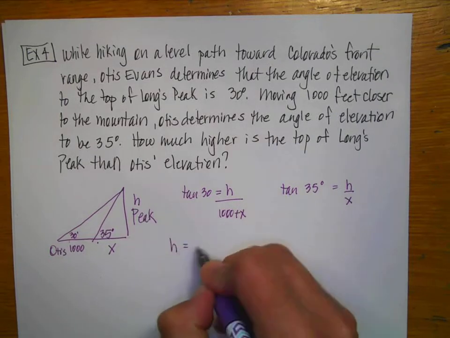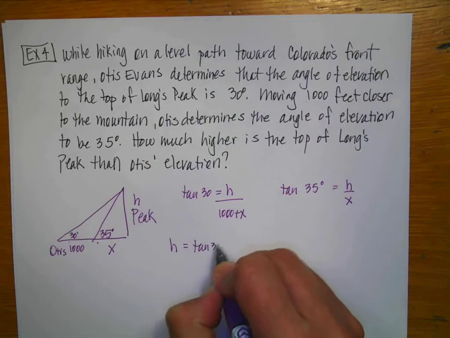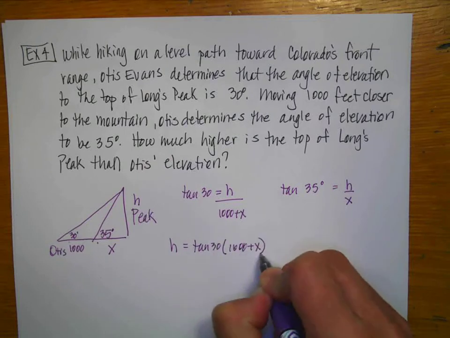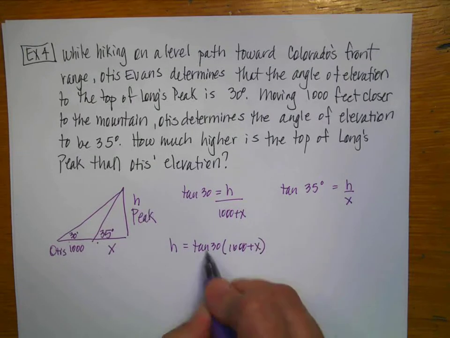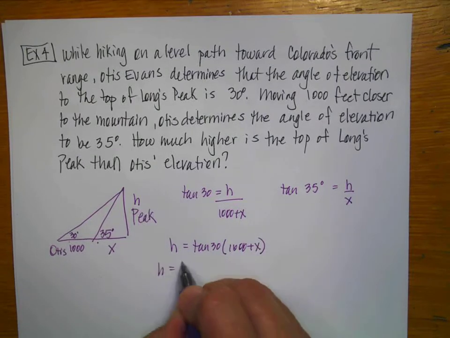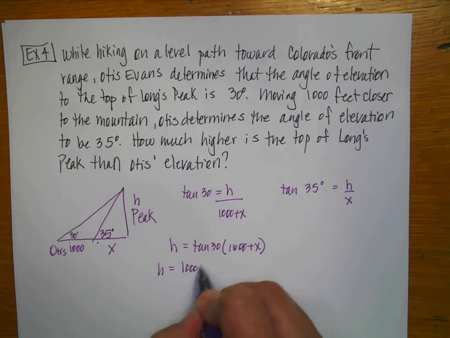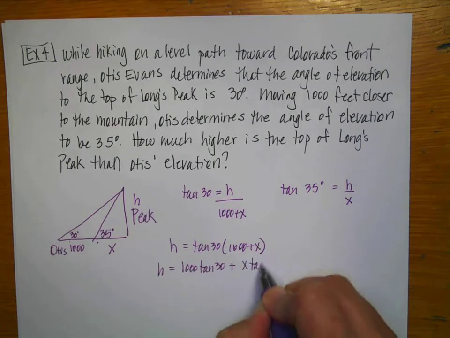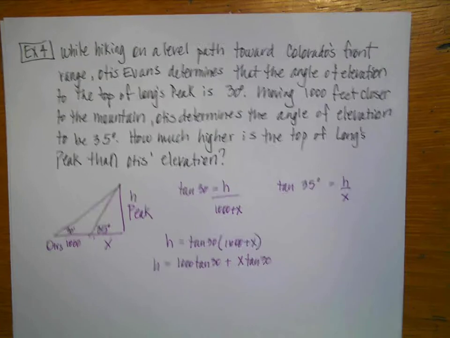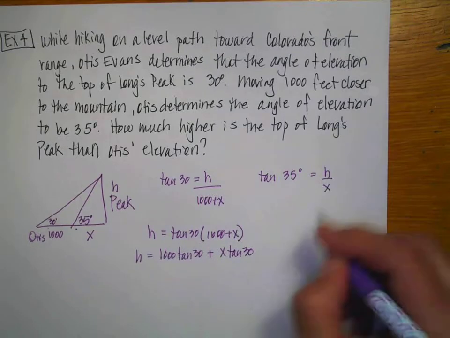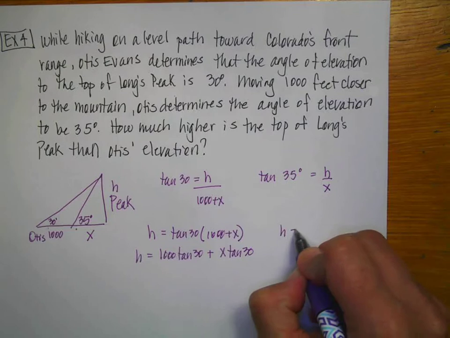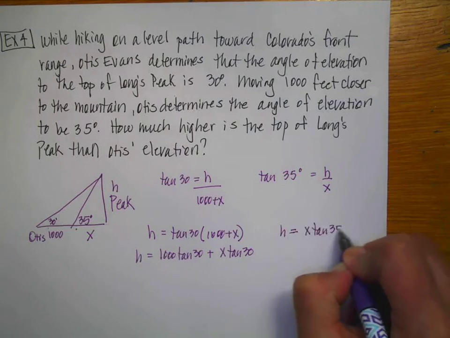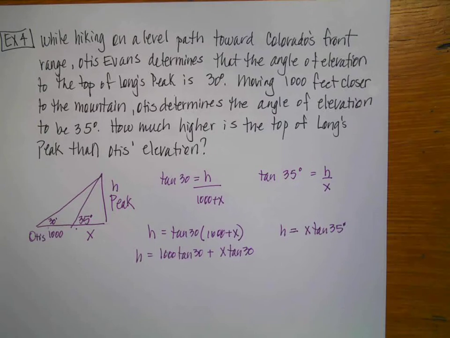In the first equation, I get H is equal to the tangent of 30 times 1,000 plus X. Then I'm going to distribute, so H is equal to 1,000 tangent 30 plus X tangent 30, okay? And in the other equation, I get H is equal to X tangent 35.